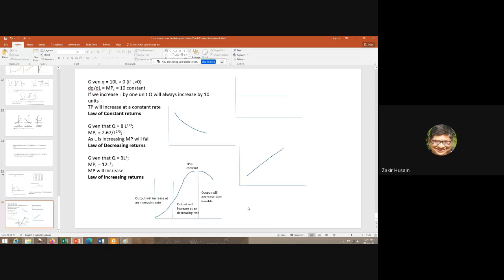So in terms of output, you're not gaining anything, but you're losing because you have to pay the worker his or her wages. So this is the feasible zone of production, till total product is constant. And the point where it is constant is the maximum level.